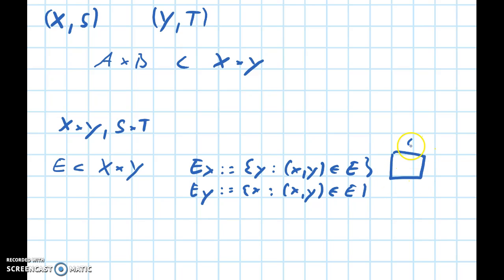So this is E, this is X, pick some X, then this is the X section of this particular X. Having introduced this concept, we can now state the first theorem of this chapter, and this is the following.